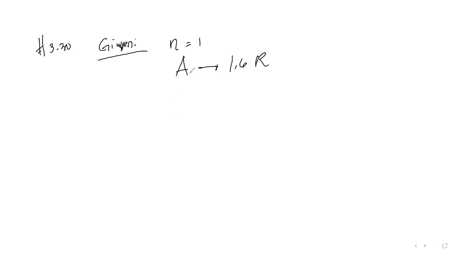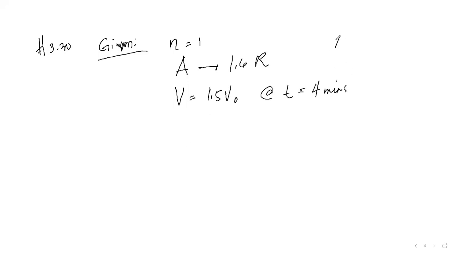Now, the problem also stated that the final volume is 50% more because there's an increase in the volume. So that would be 1.5 V sub O. And it took that long to increase by that much: 4 minutes.